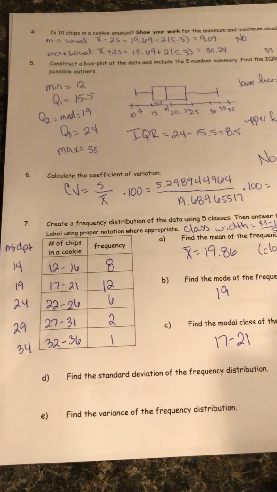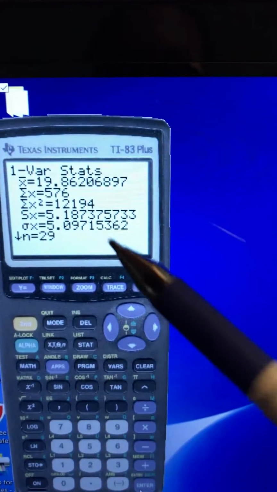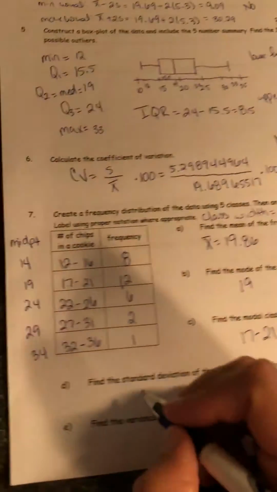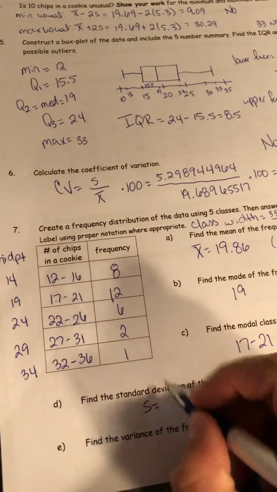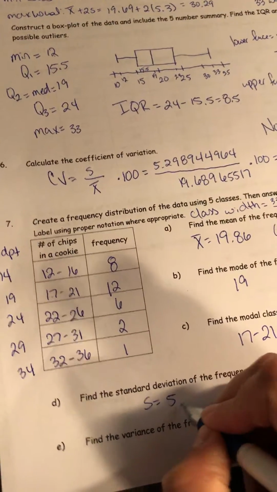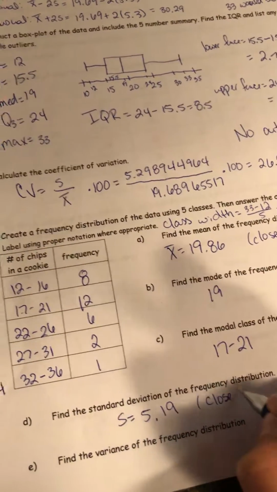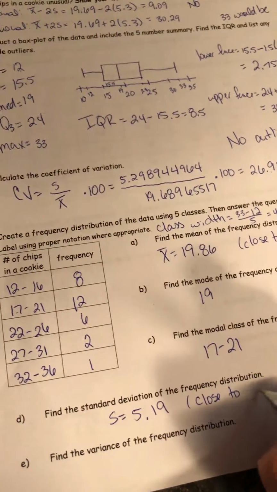The standard deviation of the frequency distribution, go back to your calculator. We're looking at Sx because it's a sample, so it's 5.19. But remember, when you do it on paper, it's just S, so 5.19. That is close to what we originally got, which was 5.3.